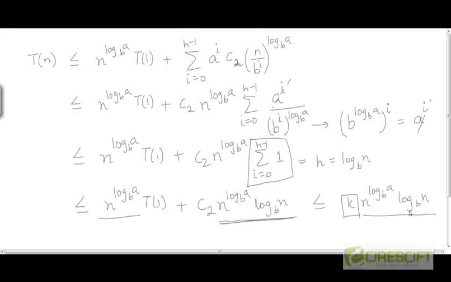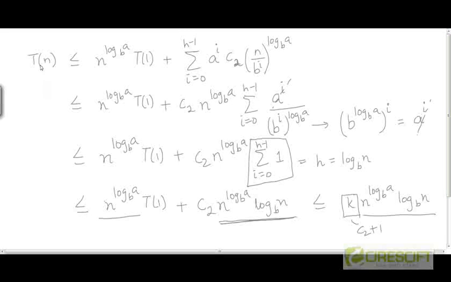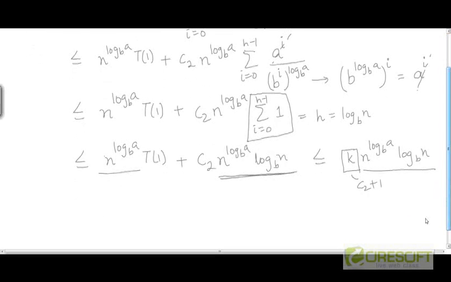As long as you have a function of n that's increasing with n, you're sooner or later going to overtake any constant that you may choose. So this holds for k equal to c2 plus 1. And so we can say that T of n is bounded from above by a constant multiple of n to the power log of a base b multiplied by log of n.